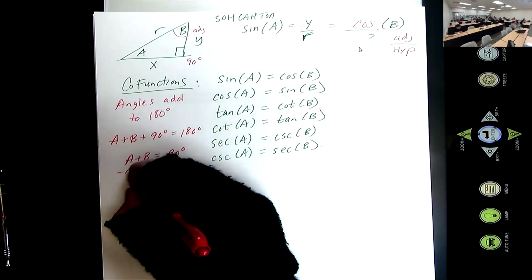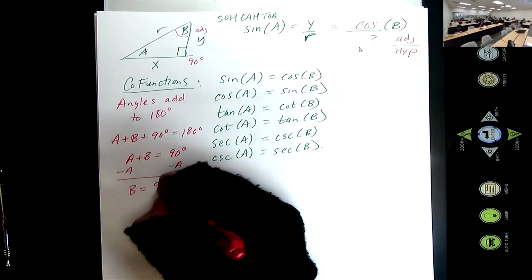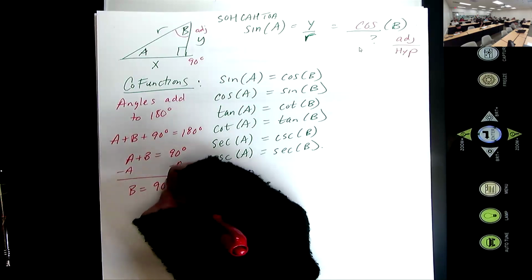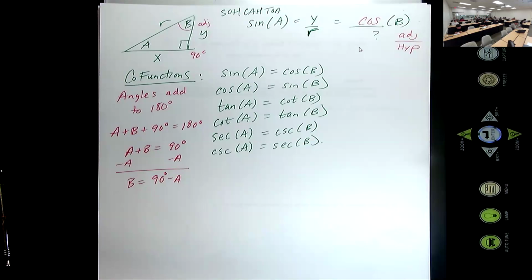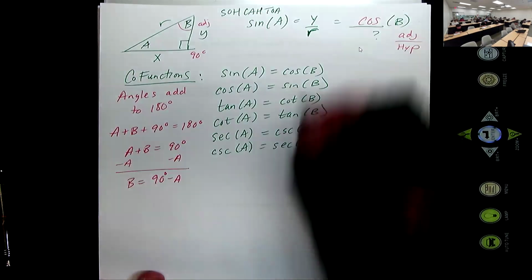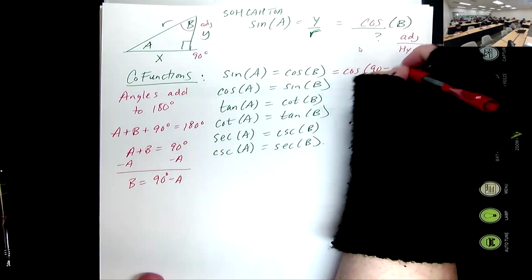And if I subtract A from both sides using some good old algebra techniques, I get B equals 90 degrees minus A. So I can replace that B right there with 90 degrees minus A.